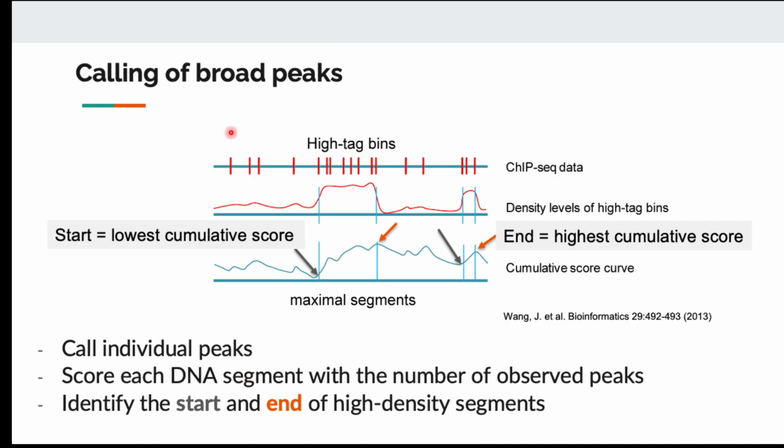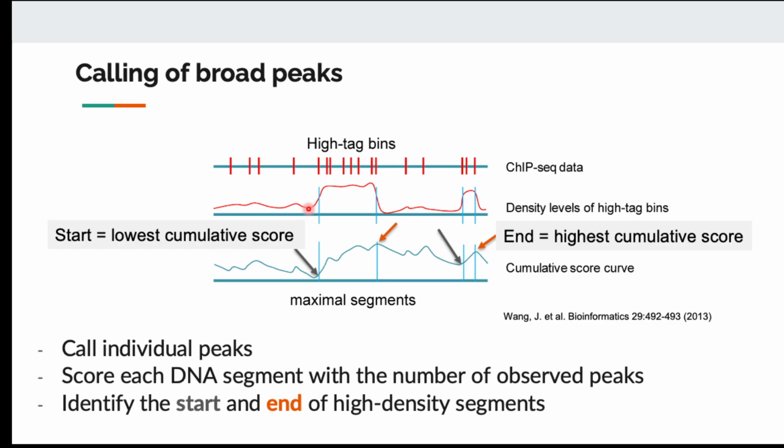Let's say you identify many locations for the histone modification. And we notice that in some regions, we have a high frequency of histone modification. Some is very spread out. So the assumption here is that this region and this region, where we have a high density of histone modification peaks, are probably a single DNA region that is all methylated, for example.